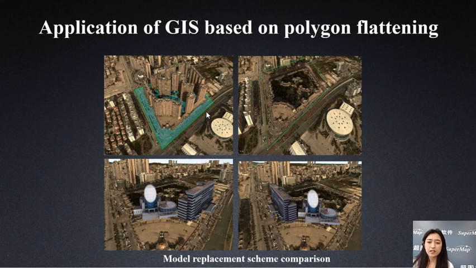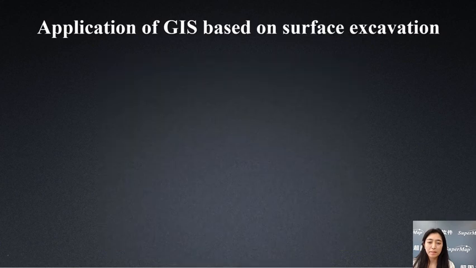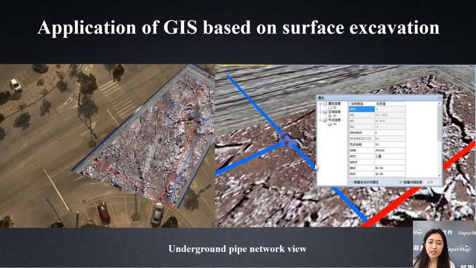And that is simulating the effect of the demolition of buildings using oblique photography, and it can be replaced with a refined model to achieve the comparison and display of planning effects. And that is surface excavation and checking the underground pipe network. We could use it to do this underground pipe network view.